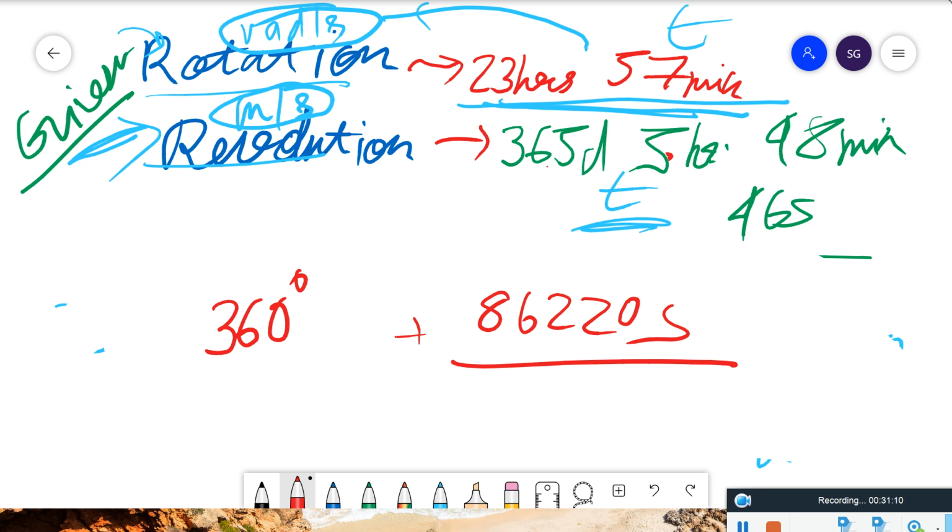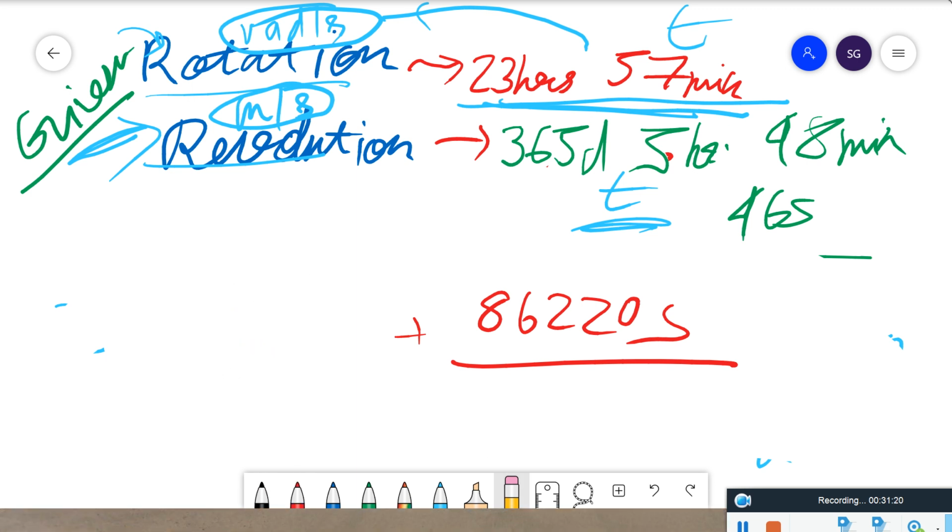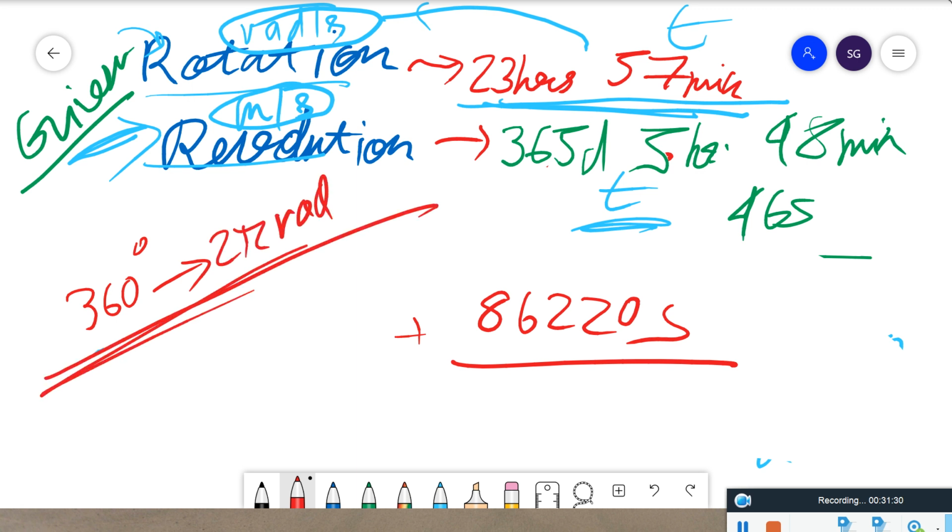And you also know this concept that 360 degree is equal to 2 pi radian. Only remember this concept, and you will never face any issues to convert degree per second to radian per second.